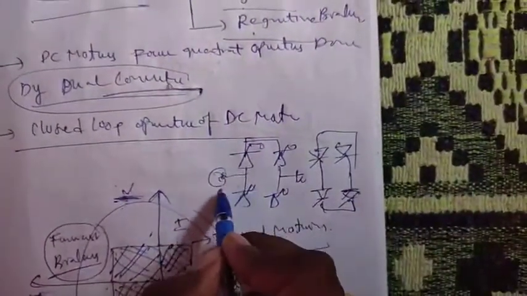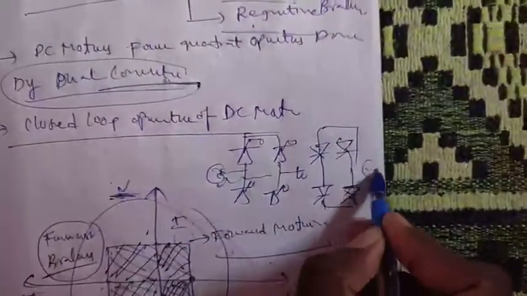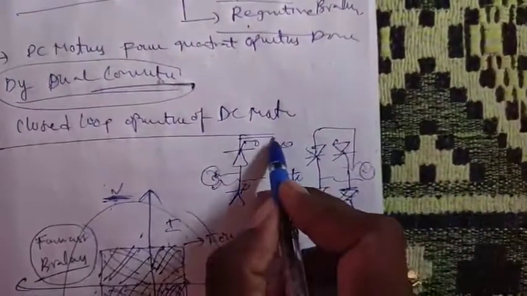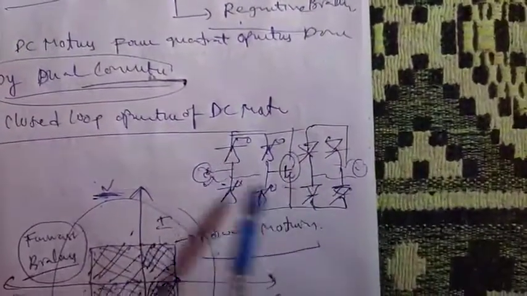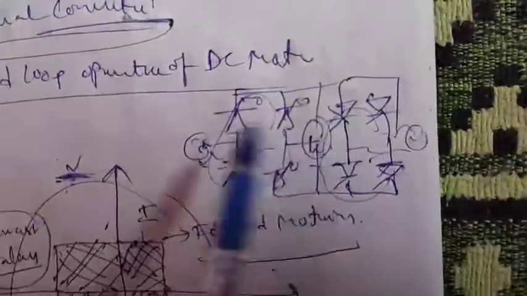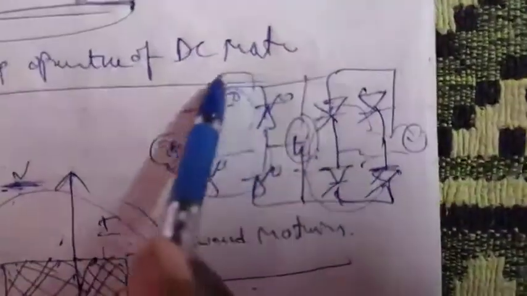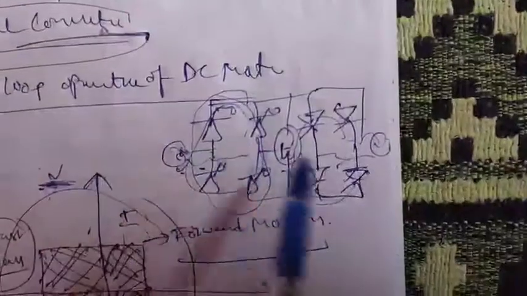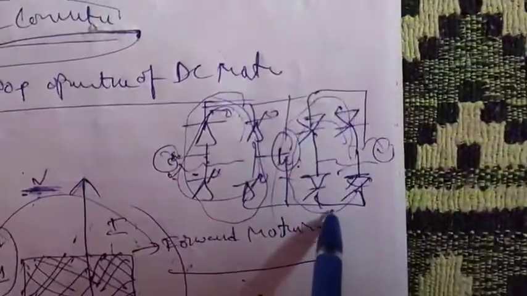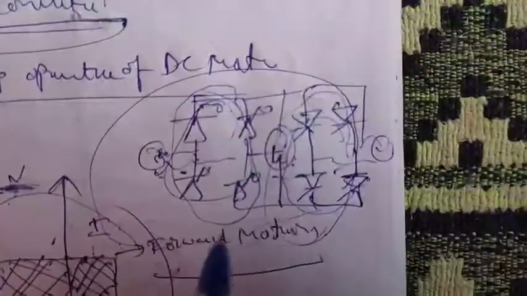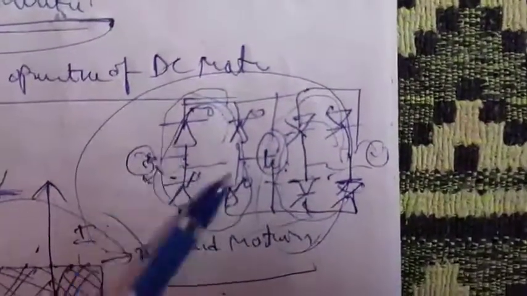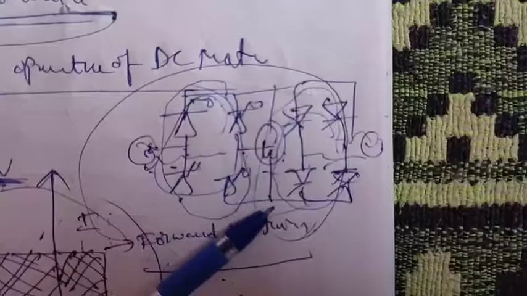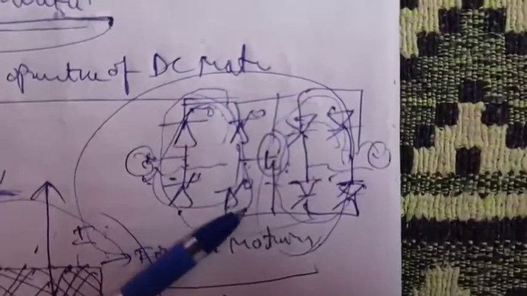If you give an AC supply here, and the same here, with the load placed here, this one is one full converter and this is another full converter, connected back to back. Using one we can get two quadrants, and using both we can get the four quadrant operation. This type of converter we call a dual converter.